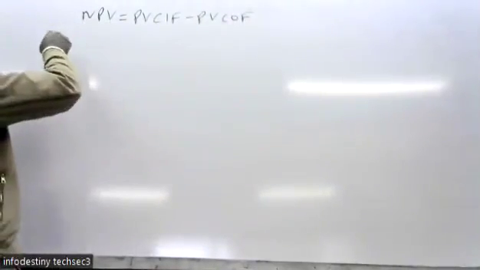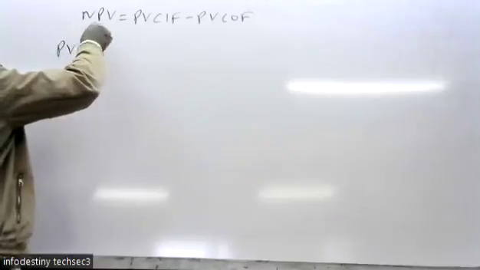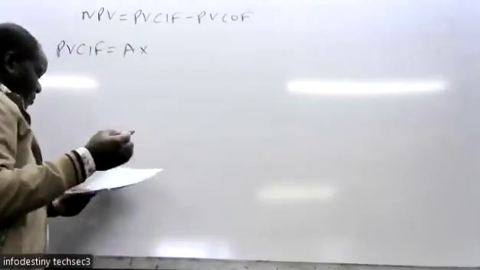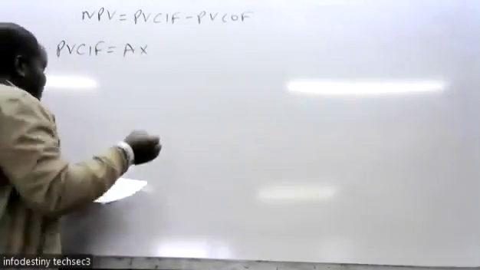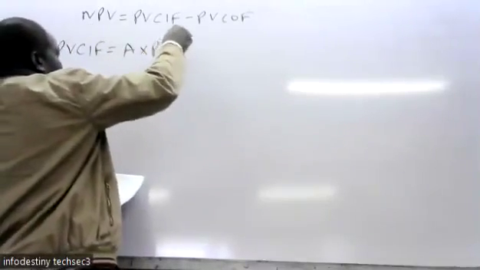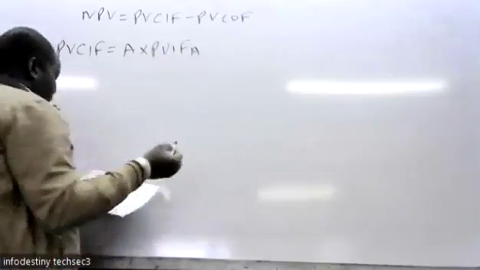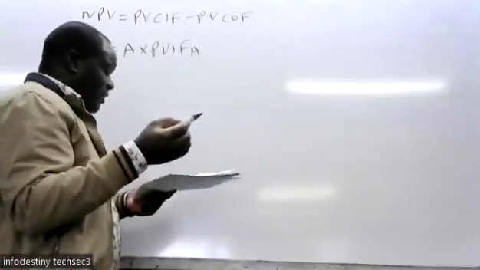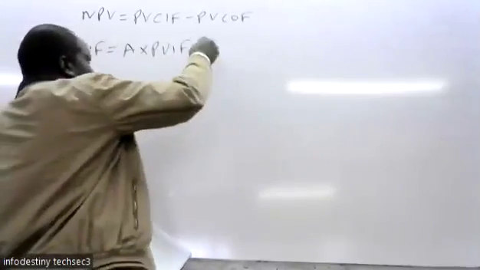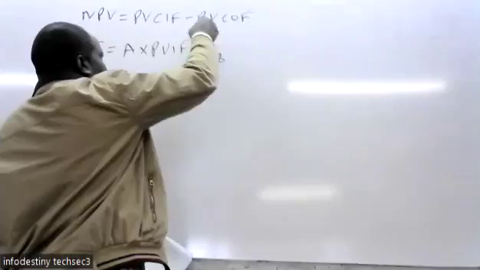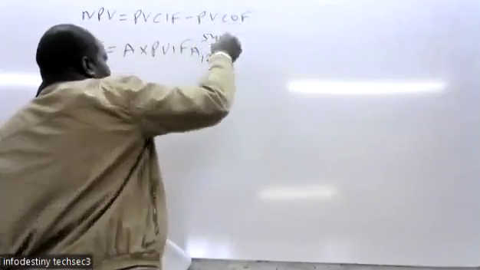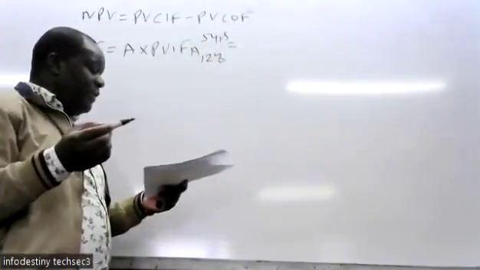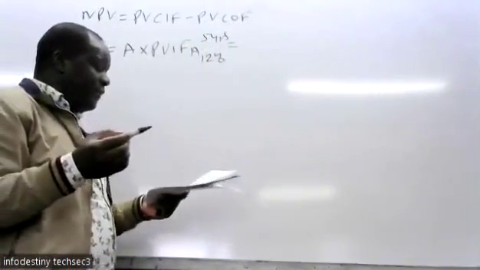So present value for the cash inflows will be annuity multiplied by present value interest factor for the annuity. The cost of capital or required rate of return is 12% for 5 years. That annuity is what you are given as the annual cash flows after tax.